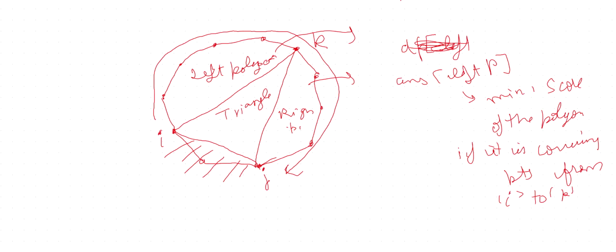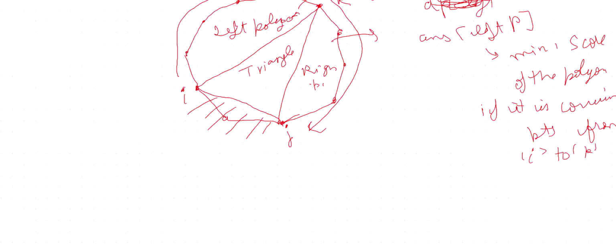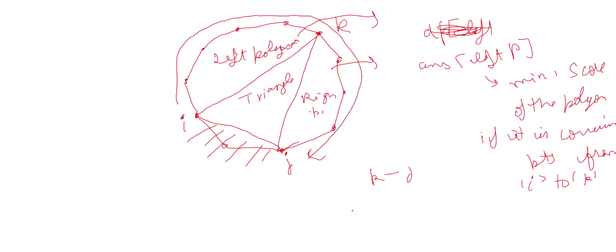So from I to k it is covering 1 2 3 4 5 6 points. Okay, so if you know the answer of this, and if you know the answer of your right, which is from k to j, and from I to k, this is your left polygon and this is your right polygon.